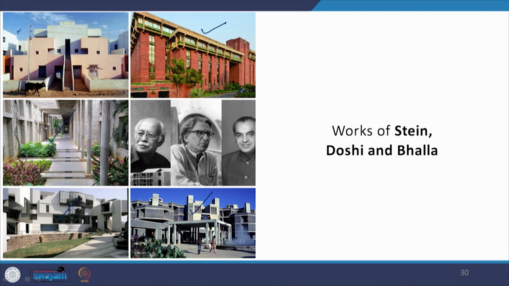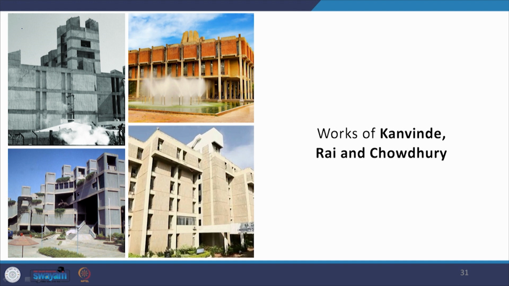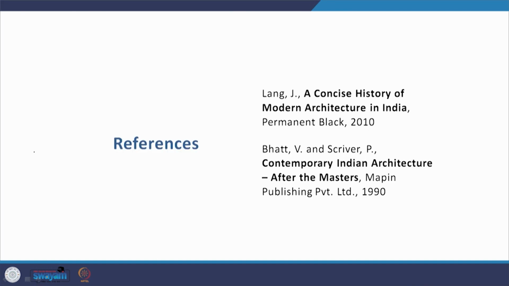And this project has also been done by Doshi, but there are other projects that we will be looking at by Mr. Stein. Then we come to the works of Kanvinde Rai and Chaudhary. Mr. A.P. Kanvinde has done IIT Kanpur, and this building of the Dugd Sagar Yojana, the Nehru Science Center, etc., all done by him.